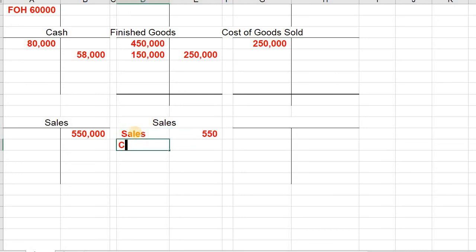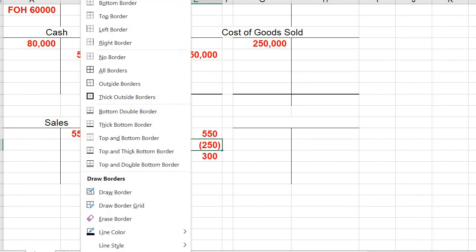Cost of goods sold, $250,000. Gross profit, $300,000. We're getting to an income statement. So this is important stuff, huh? Well, let's see if there are any loose ends.